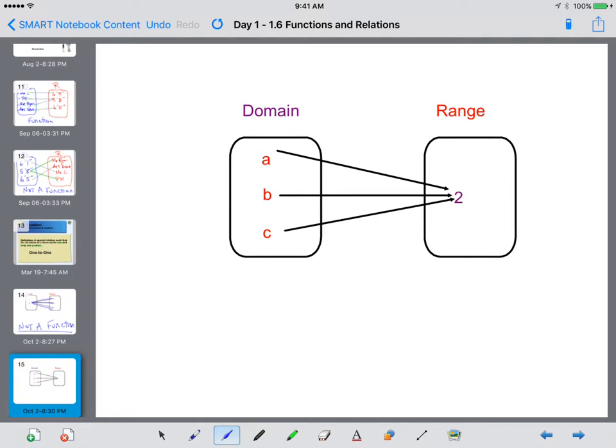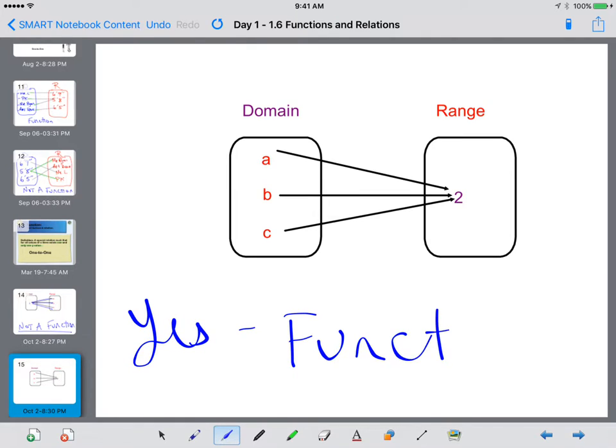Let's say we switch it around. Now A, B, and C are in the domain, 2 is in the range. Do you think this relation is a function? If you said yes, it's a function, you would be correct.